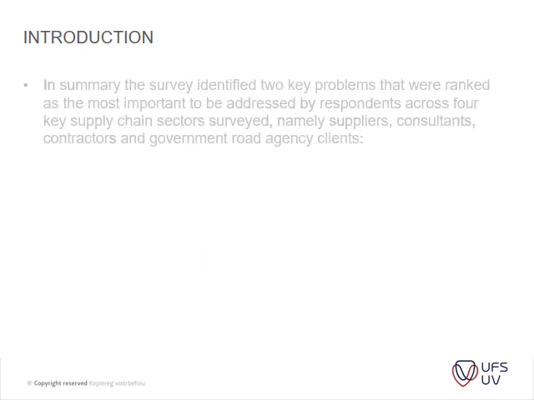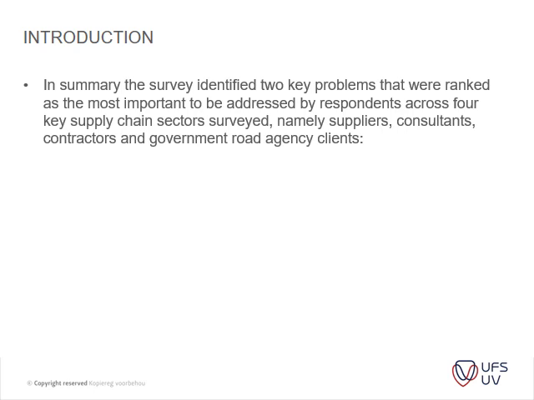So in summary, the survey identified 2 key problems that were ranked as the most important to be addressed by the respondents across 4 key support chain sectors surveyed, namely suppliers, consultants, contractors, government. So they basically did their research and got information from suppliers, consultants, contractors, and the government.